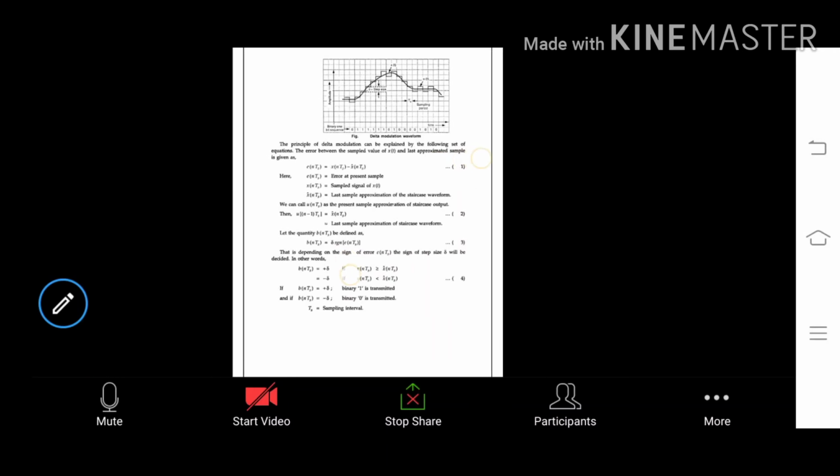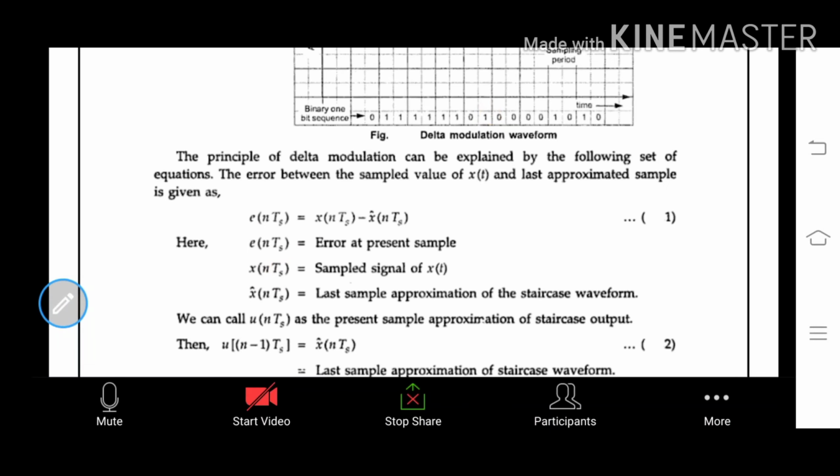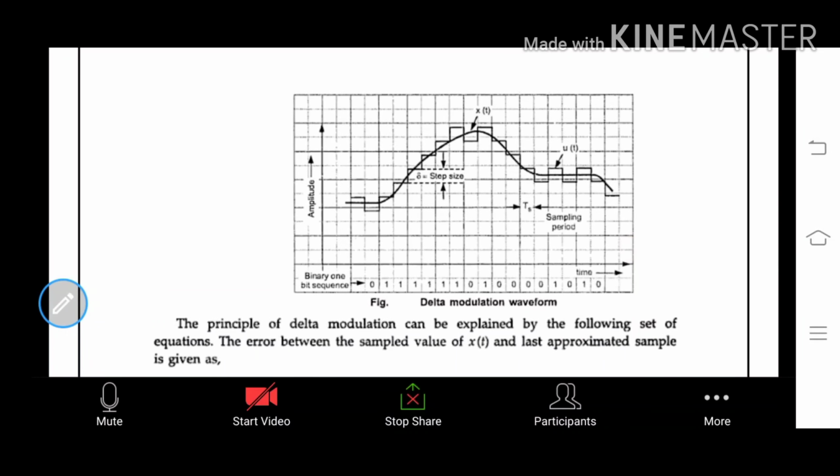Here you can observe the staircase signal. It increases one step at a time following the continuous x of t signal, with a step size. Here we find the sampling period of each pulse. Now you can create the sampling pulse to find the duration of the pulse period.